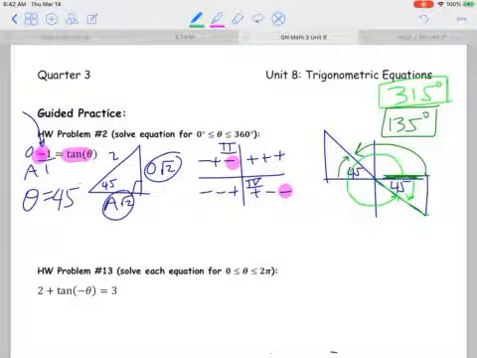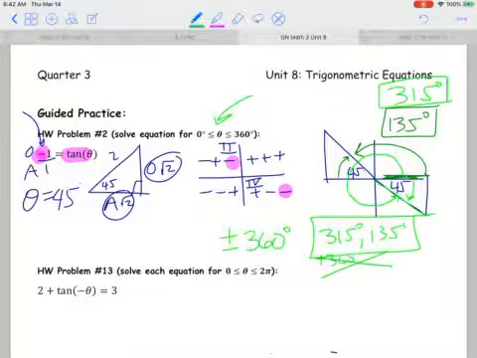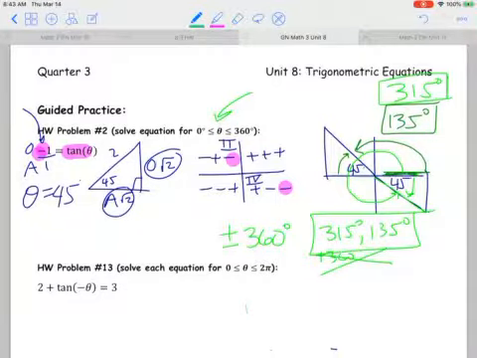The last thing you want to check is if you add or subtract 360 degrees, is it still within 0 to 360? For those two answers, 315 and 135, if you add or subtract 360, it doesn't work. So you just keep those two. And that's it.